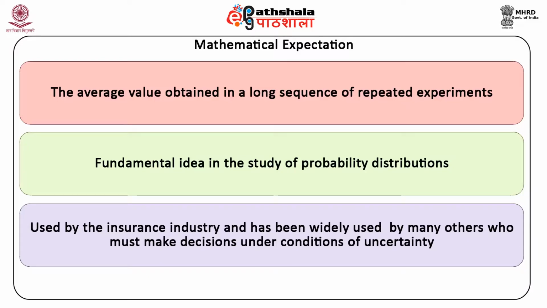And in the last 20 years, it has been widely used by many others who must make decisions under conditions of uncertainty. To obtain the expected value of a discrete random variable, we multiply each value that the random variable can assume by the probability of occurrence of that value and then sum these products.